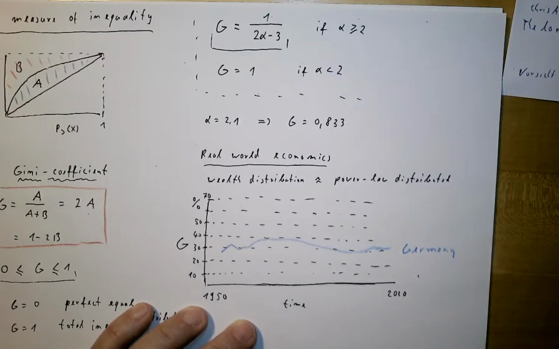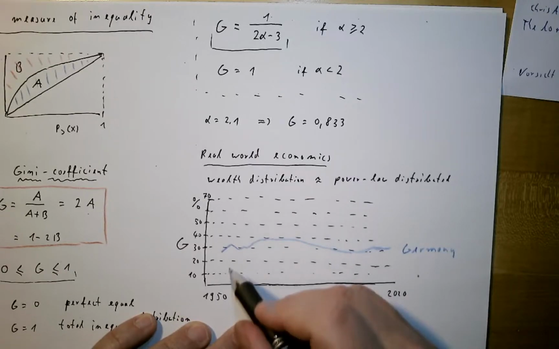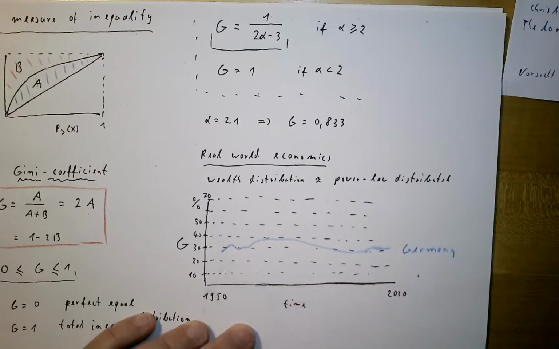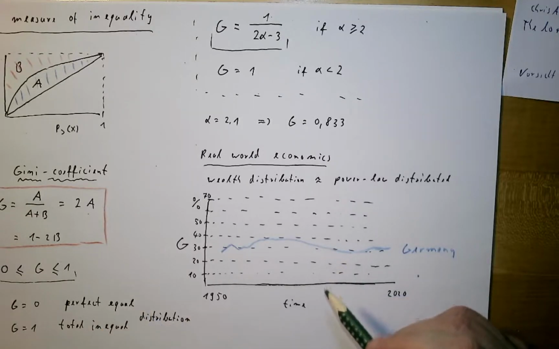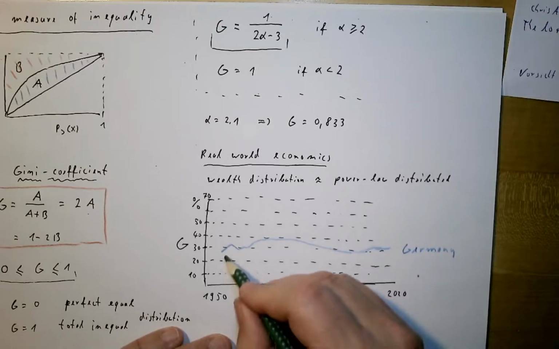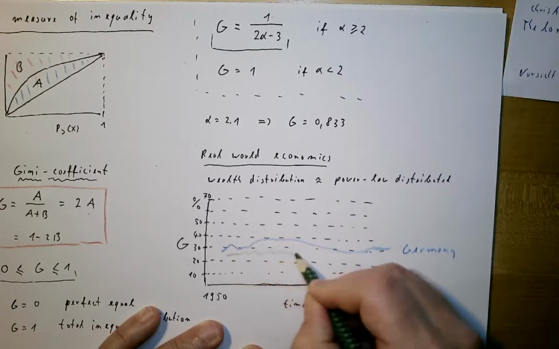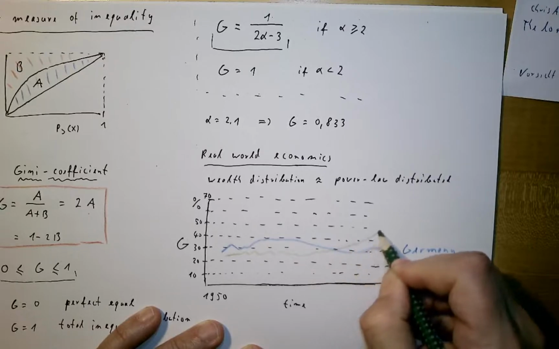And now you take other countries in the world. For example, let's take England. So UK was in the range, it was below Germany for a long time, fluctuates, and then suddenly starts to increase.